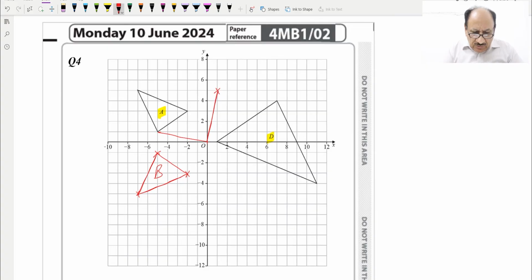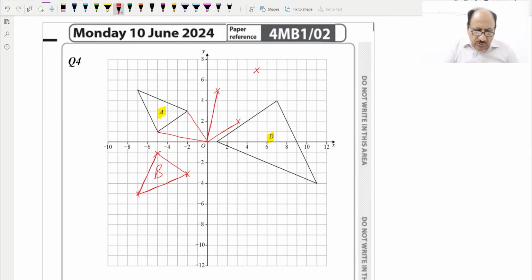This is C. Okay. The next point we can take over here, because of this one we can take 90° over here. And the third point which we can take is over here, 5 and 7, so this point, yes.